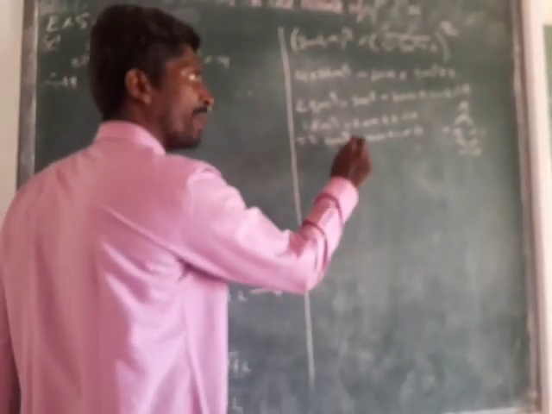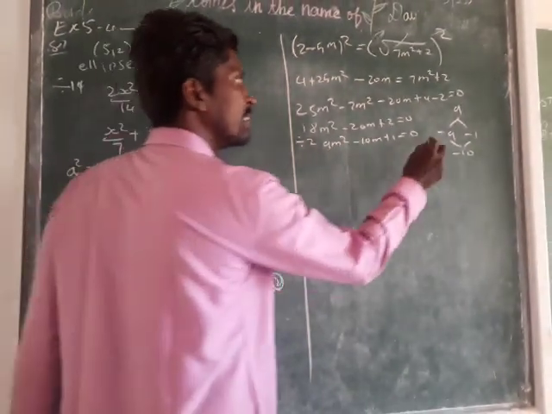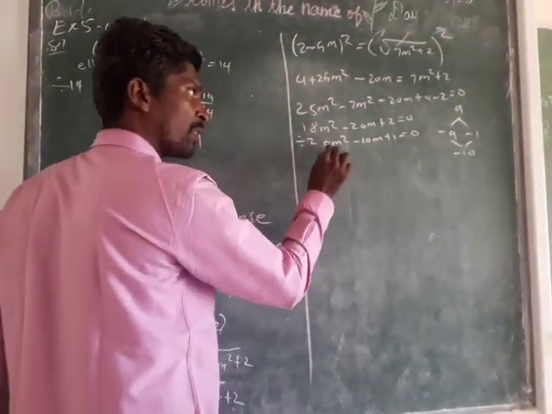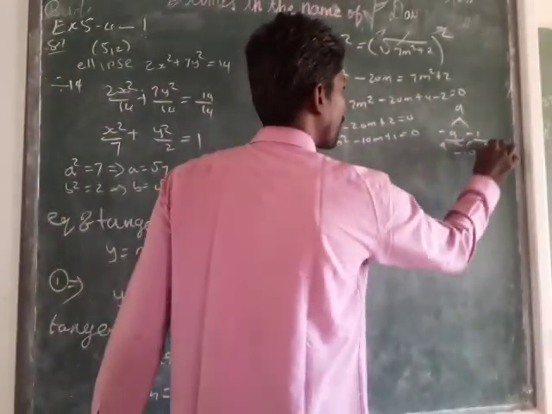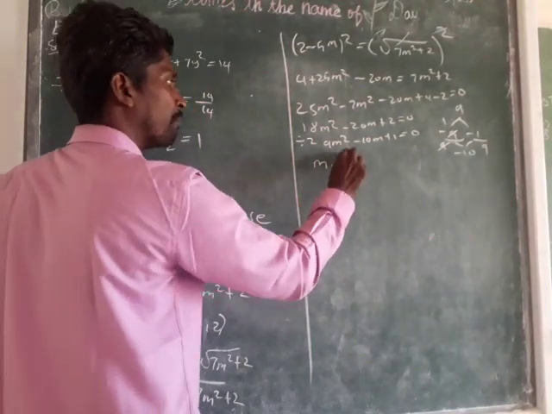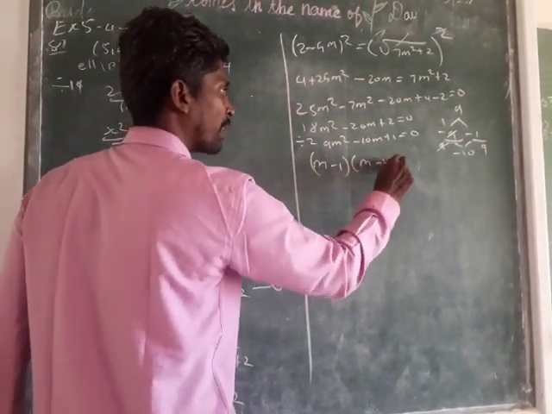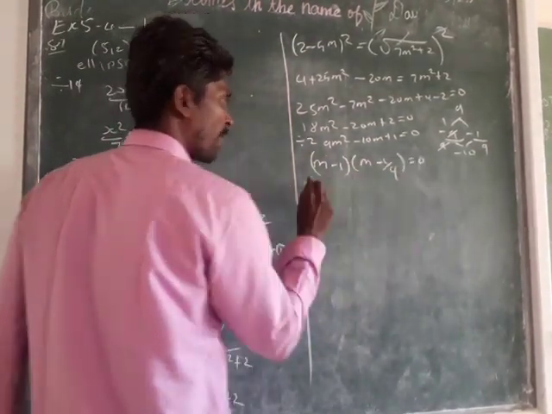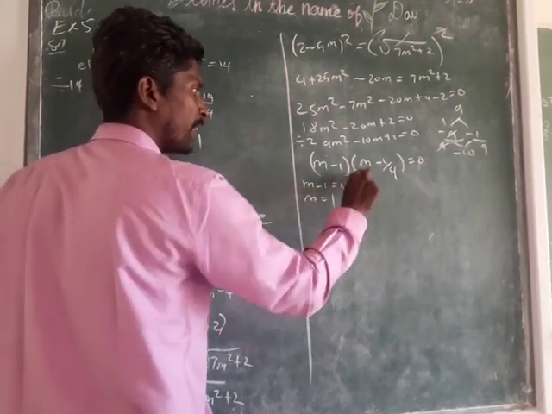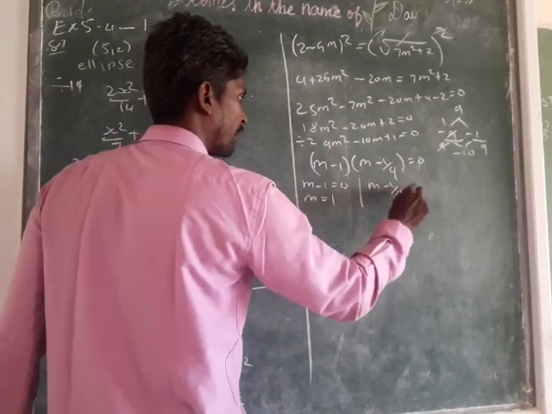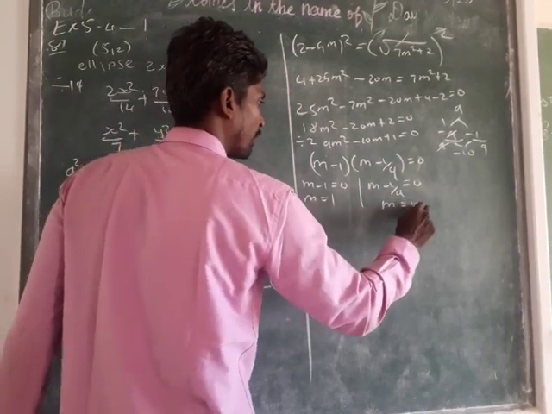Since the coefficient of m squared is 9, divide the factors by 9: 9 by 9 gives 1, and minus 1 by 9 remains. So (m minus 1)(m minus 1 by 9) equals 0. Then m equals 1, and m equals 1 by 9.